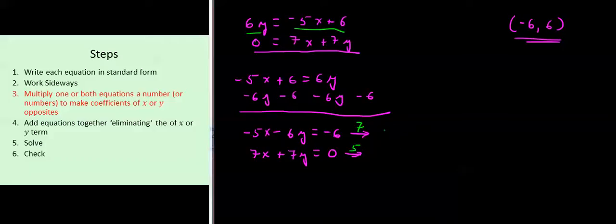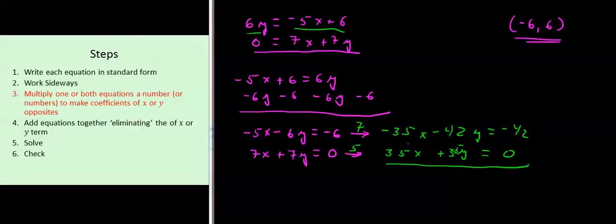So I get minus 35x minus 42y equals negative 42. And here I have 35x plus 35y equals 0. 35, they're opposites.